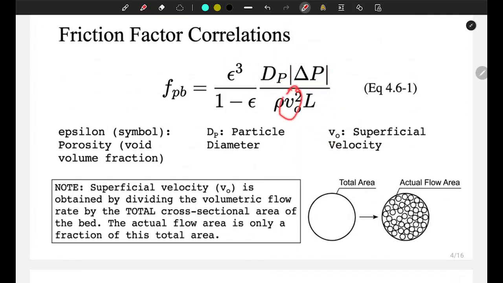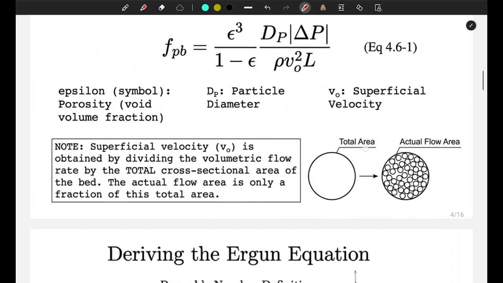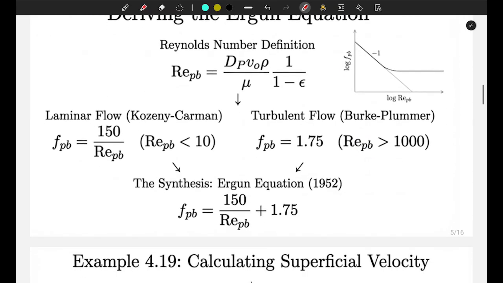It also includes the square of the superficial velocity, and the superficial velocity is defined as the velocity when there is no packed material in the column.